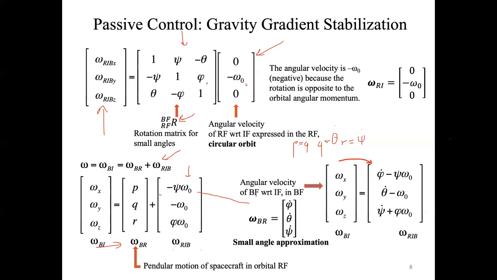So these p, q, and r are known because we are assuming small angle approximation. By doing this approach, we are able now to express omega bi, the one that is in the Euler equations, in this simple form. So we have everything in terms of the roll, pitch, and yaw angles.